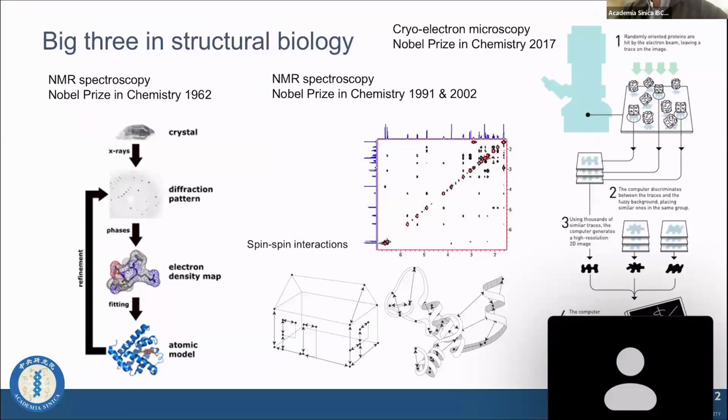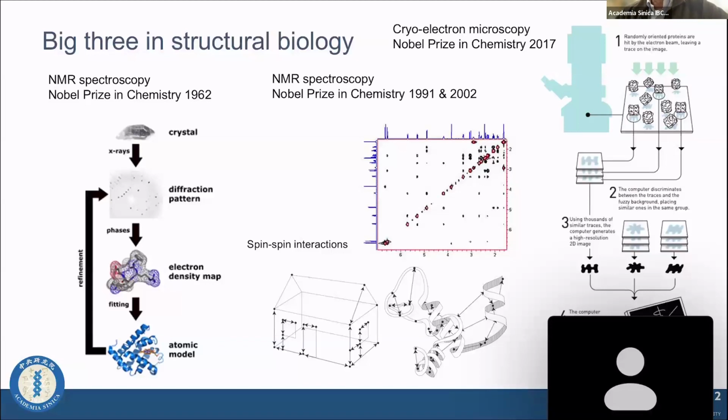These days, we have, in addition to protein crystallography, NMR spectroscopy that can be used to study protein structures and dynamics in solution, and that led to the Nobel Prize in Chemistry in 1991 and 2002. And the very recent breakthrough in structural biology is the use of electron microscopy to look at very large protein assemblies.